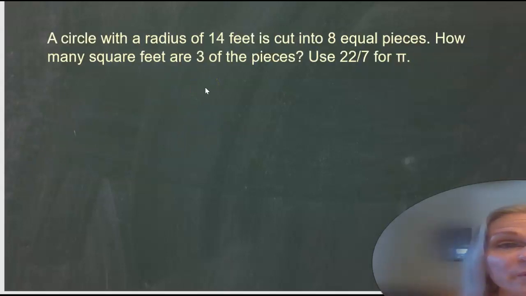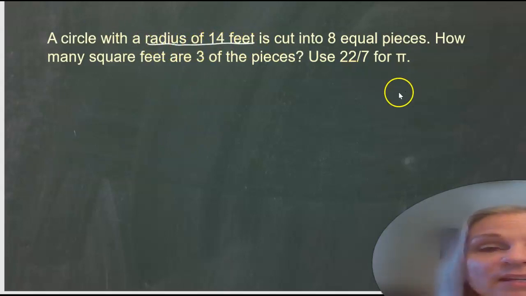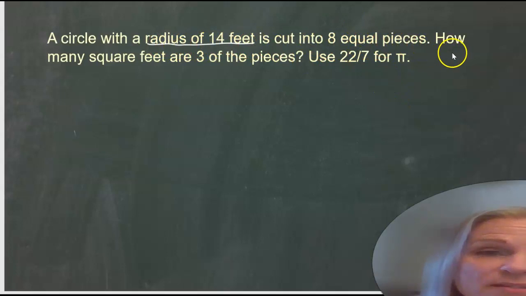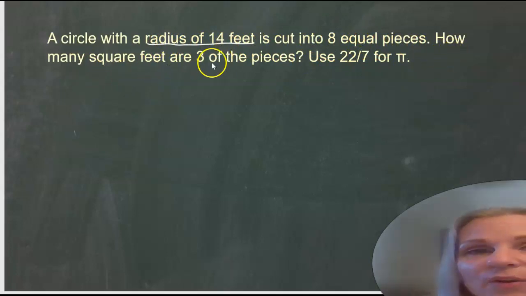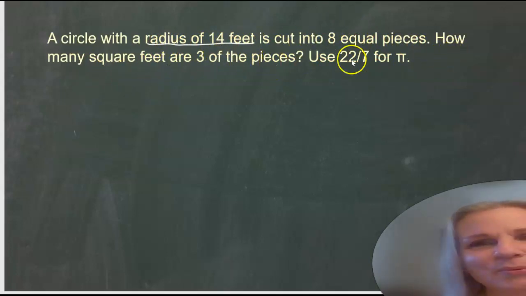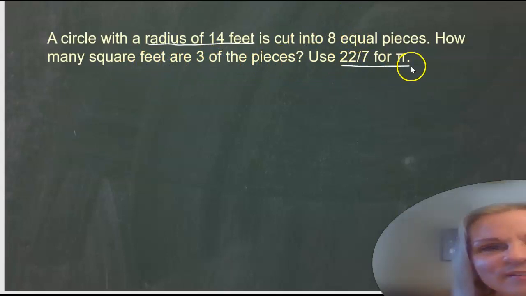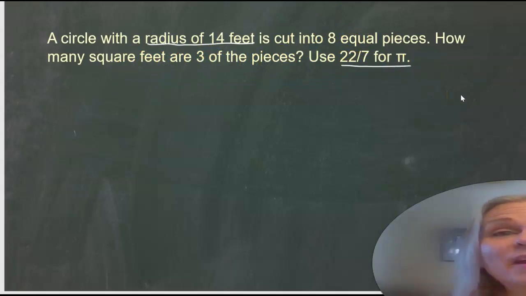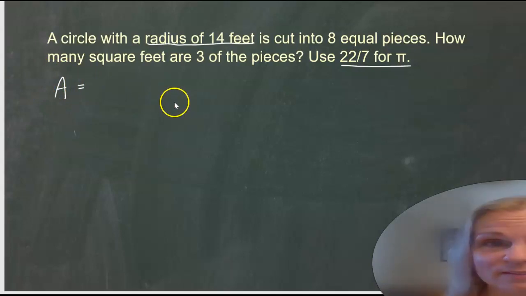Okay, a circle with a radius, so now this time we're given the radius of 14 feet, is cut into 8 equal pieces. How many square feet are 3 of them? Ooh, all right, so this is a multi-step problem here, right? So let's find the area first. Okay, so the area of the whole pizza, or I guess it's not a pizza.